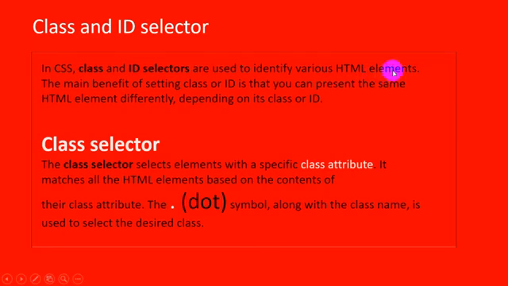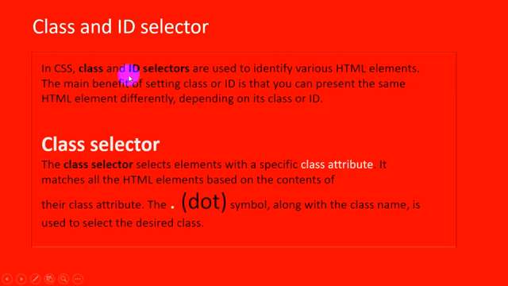So instead of using HTML elements directly, we will use the ID and class attribute. For example, we have an HTML tag called h1. If you want to apply any CSS on h1 or h2 or p tag or a tag, instead of using the name of the HTML tag, we can use an attribute that is a class or ID.